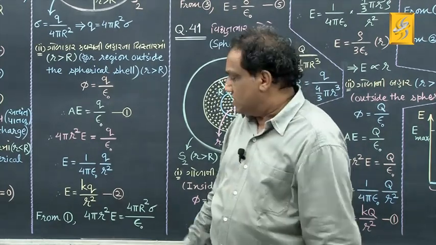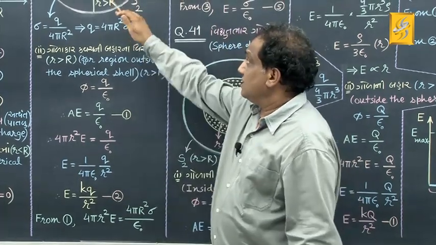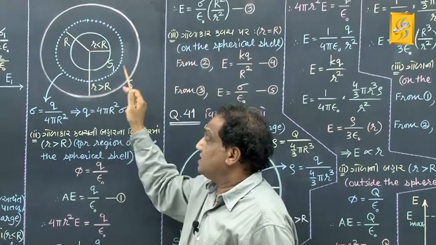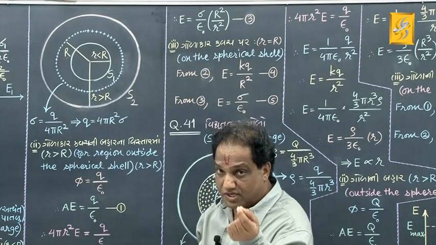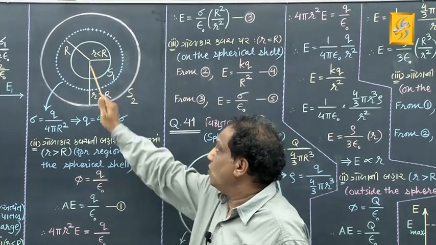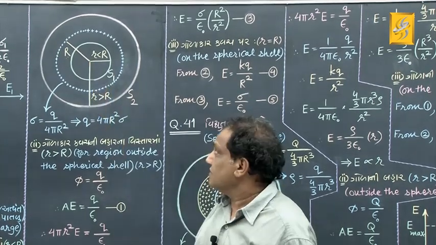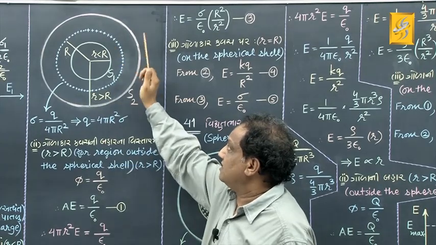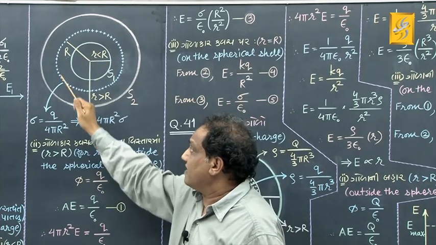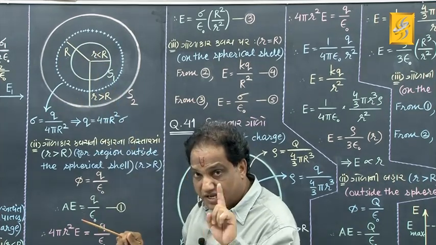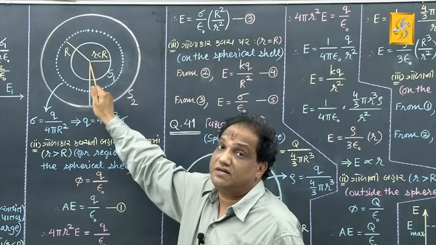So from here you can say that, so far as the region outside the spherical shell of charge is concerned, the total charge of that shell behaves as if it were a point charge located at its center. I repeat, so far as the region outside the shell of charge is concerned, the total charge in the spherical shell behaves as if it were a point charge located at its center.